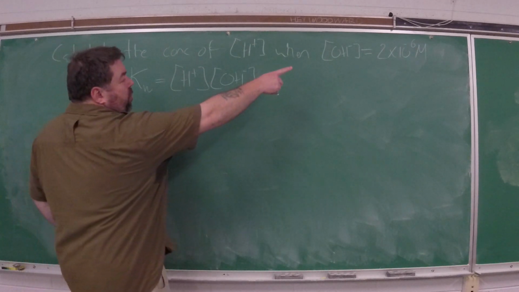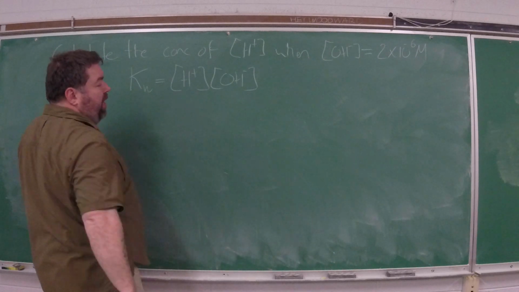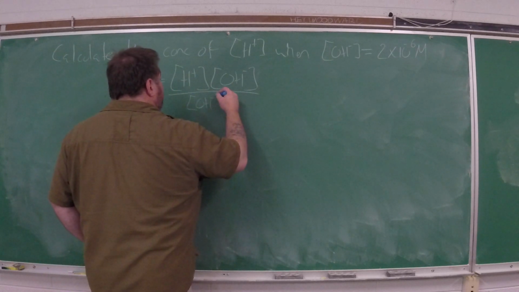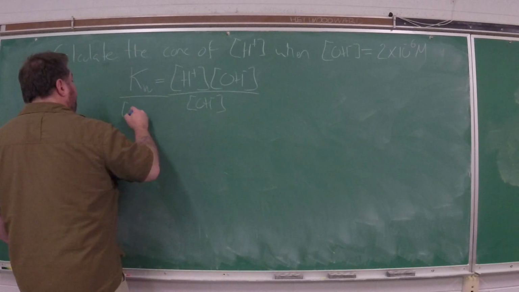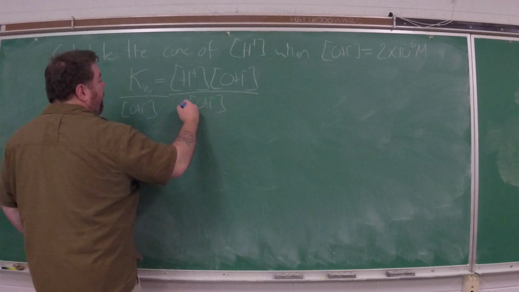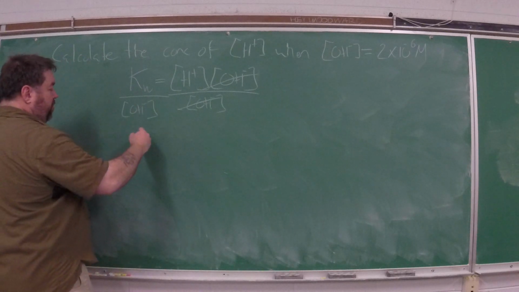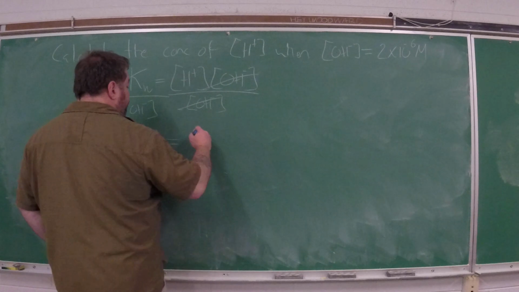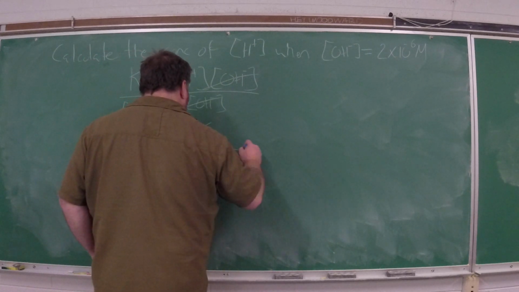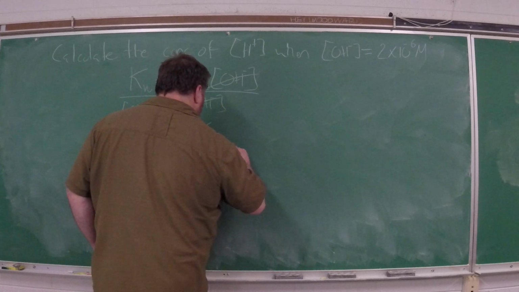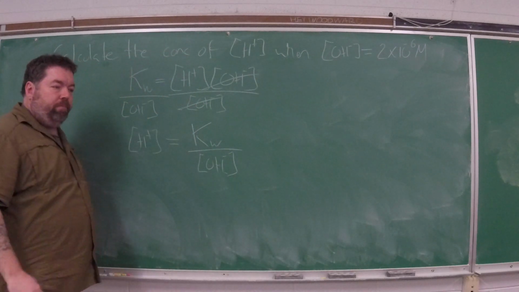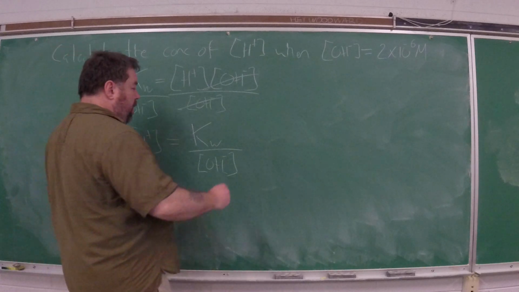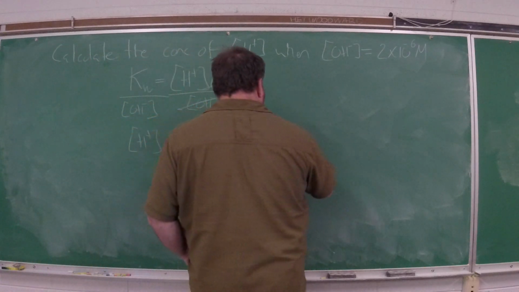Okay? So we have the OH concentration. We want the H plus. What are you going to do? Divide through by the concentration of OH minus. I'm going to flip this around. And there you go. Just like that. Okay? And then plug in your numbers.